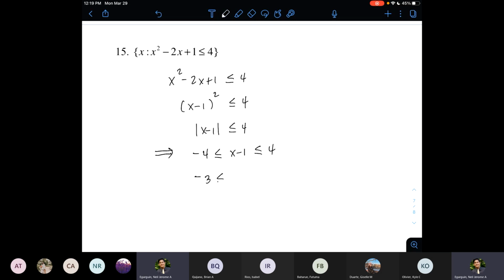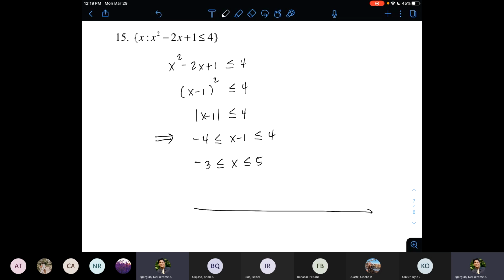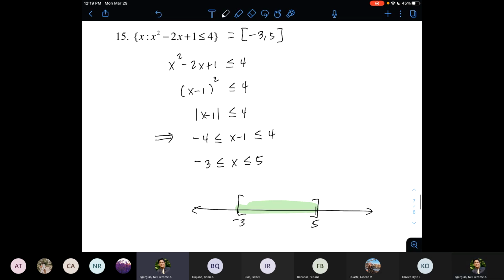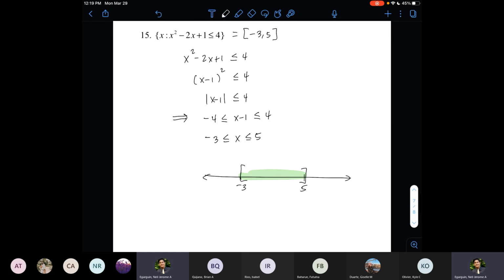So I'll have negative 3 less than or equal to x less than or equal to 5. So basically, this set looks like this: x's between negative 3 and 5, the bounds are included. So this set is nothing more than the closed interval negative 3 to 5. And so it's easy to see that the greatest lower bound is negative 3, and the least upper bound is positive 5.